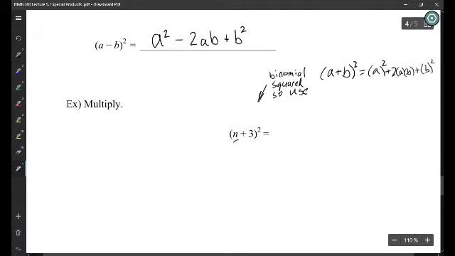So we have n and 3. So this will FOIL out, multiply out to be n squared plus 2 times n times 3, and then plus 3 squared.